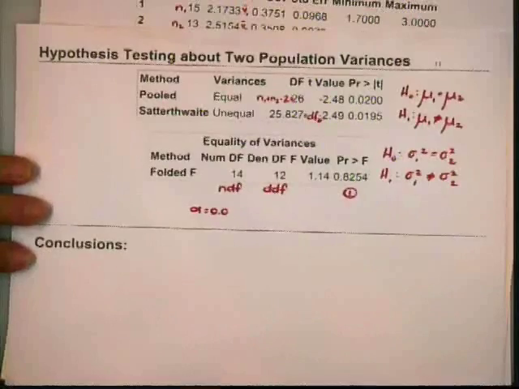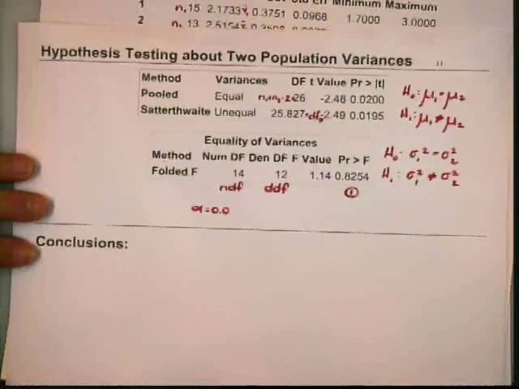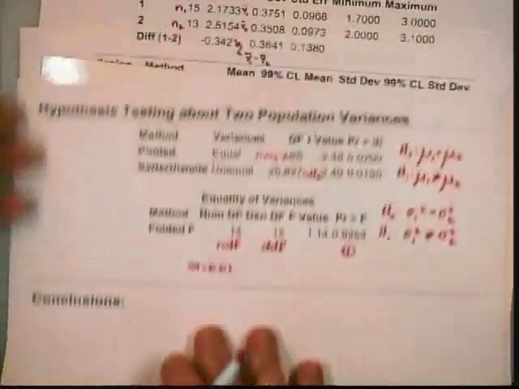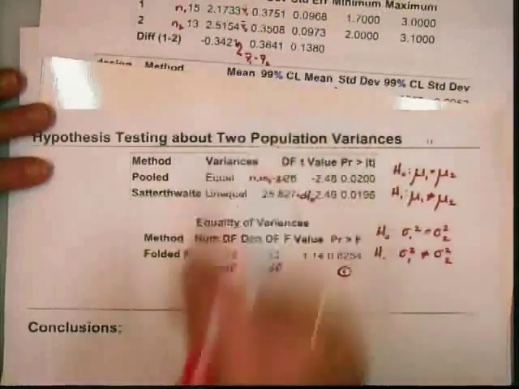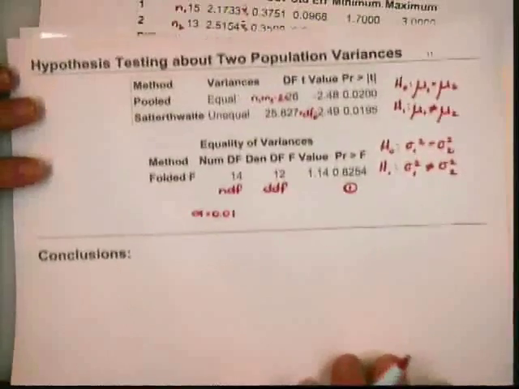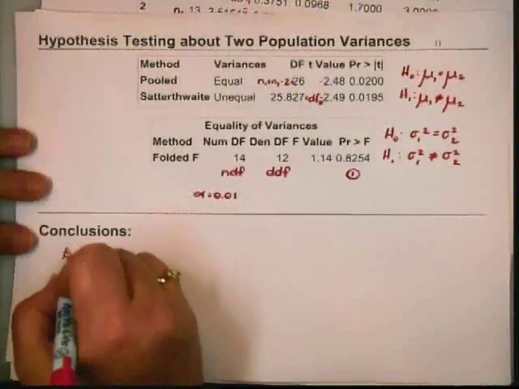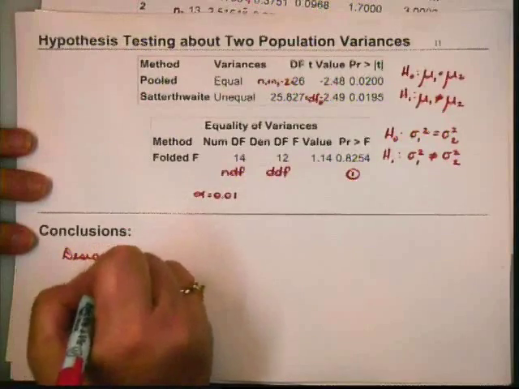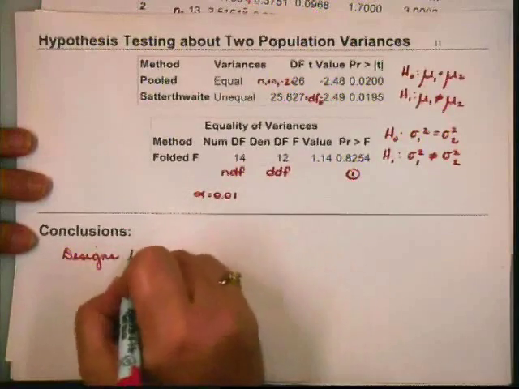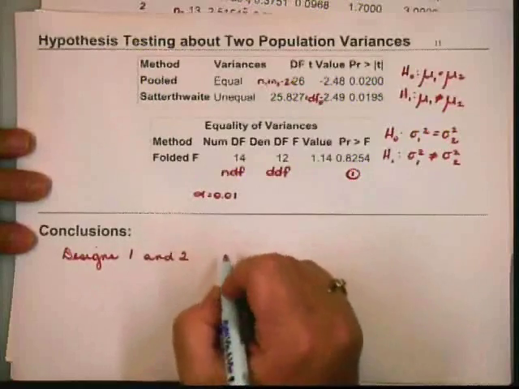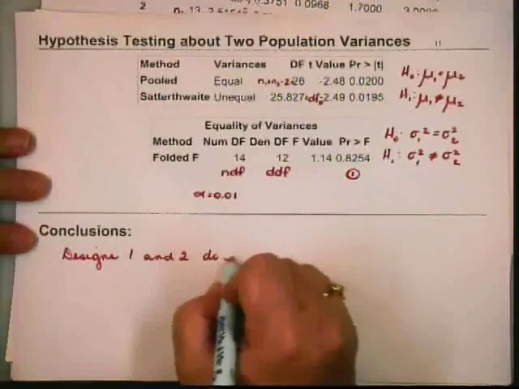We've got 99% confidence intervals on here, so we'll do a 0.01 test, right? 0.01. I didn't transfer that over from the other handout, the alpha. Okay, so what do we have here? Designs 1 and 2 do not have different variances.